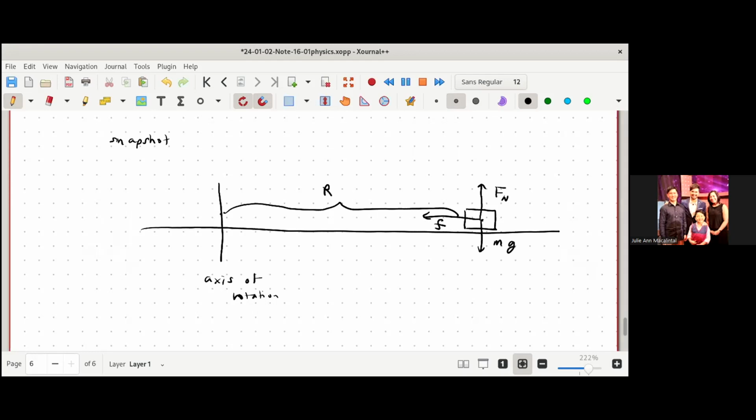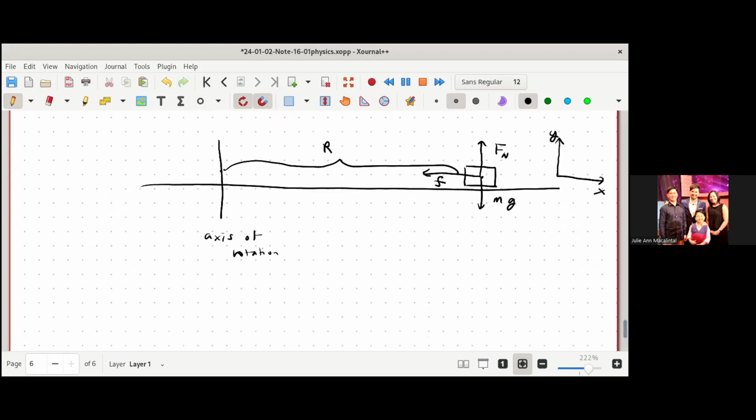At this instant, yung x and y coordinate system ko, ganito yung orientation. So, ano yung forces? So, m v square over r is equal to, di ba, along x yan.